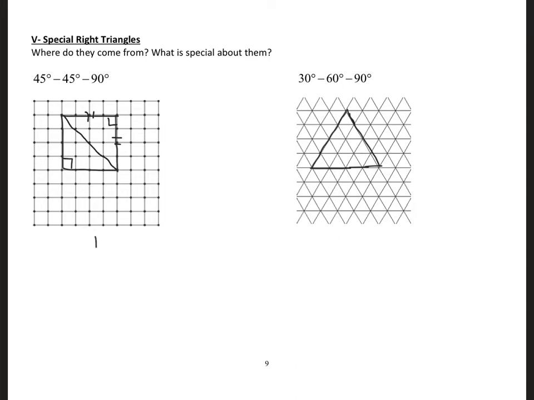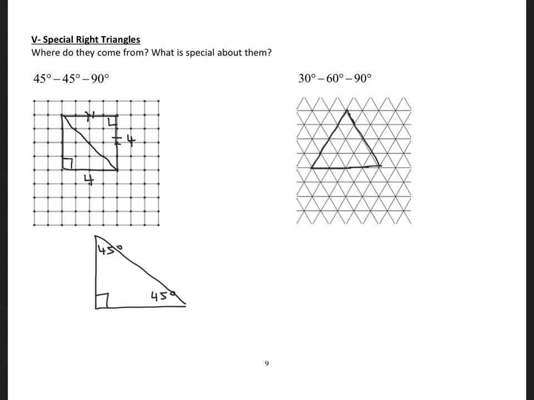So let me make my triangle right there. This is 45, this is 45, and this is 90. So see, this is 4 units and this is 4 units. How do I get the hypotenuse? I'll call it h.